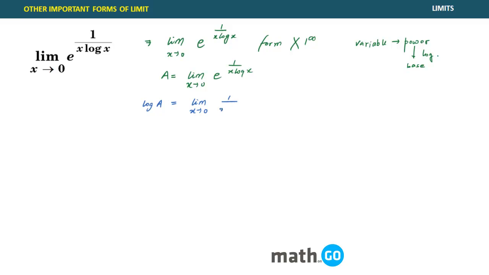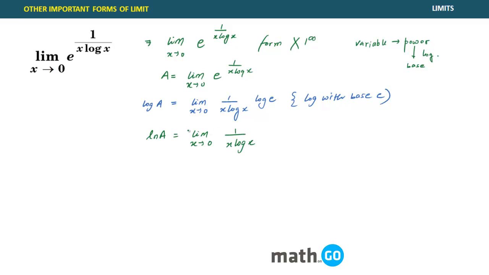This will become 1 by x log e, and let's assume that I have taken log with base e. So this will reduce to 1. So this becomes ln a is equal to limit x approaching 0 of 1 by x log x.